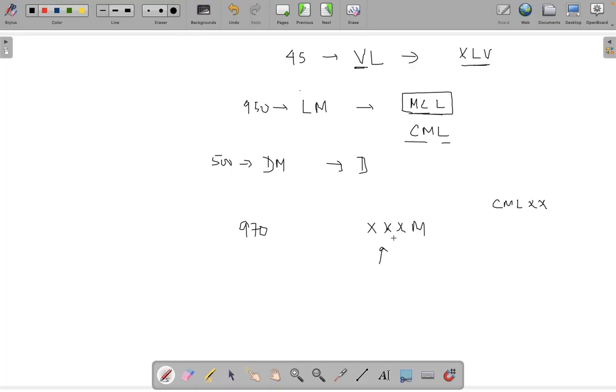So it will become 1030, not 970. You need to cut all these 3 X's, write C before M and then LXX after M, so CMLXX. But why can't I write it like this? Because it's violating rule number 5. And what was rule 5 exactly?